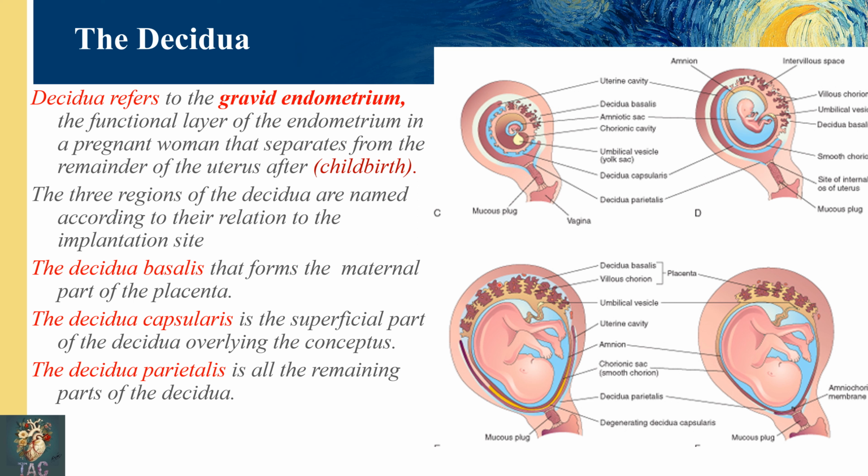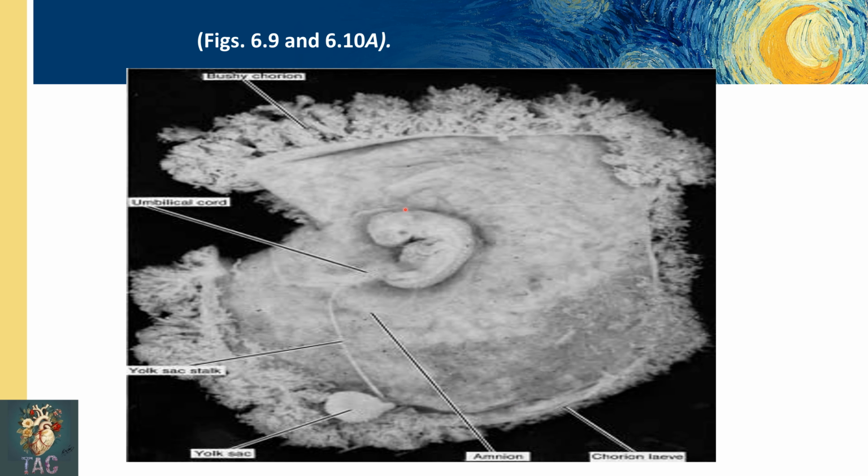So at this stage, the decidua basalis and the chorion frondosum are basically forming the placenta. The decidua capsularis, decidua parietalis and the chorionic cavity are contributing to the fetal membranes. Here in this diagram you can also see the developing fetus, and the umbilical cord which is present.